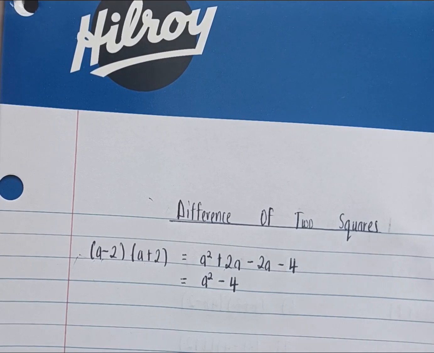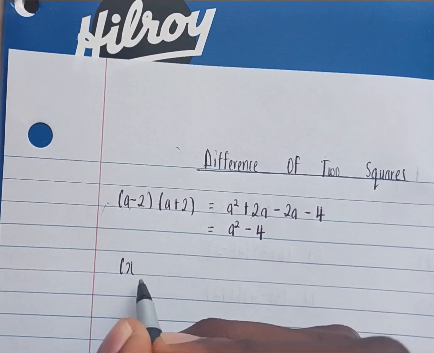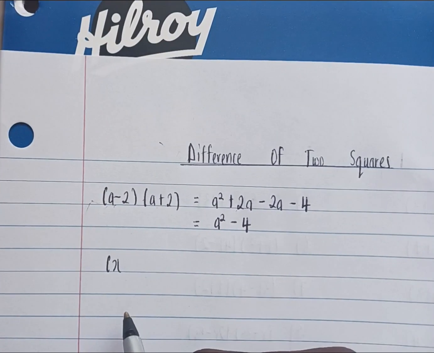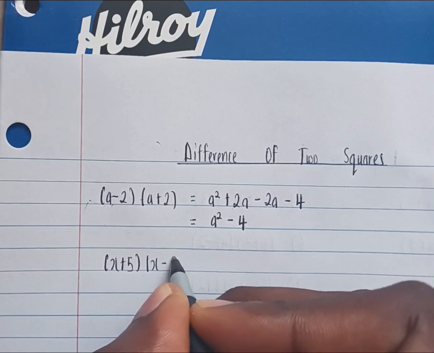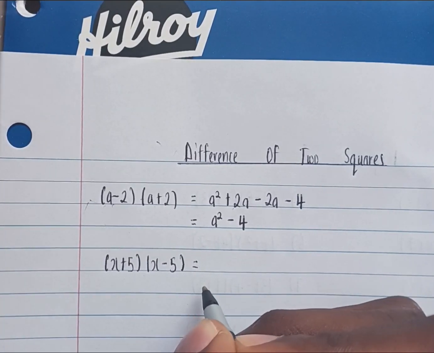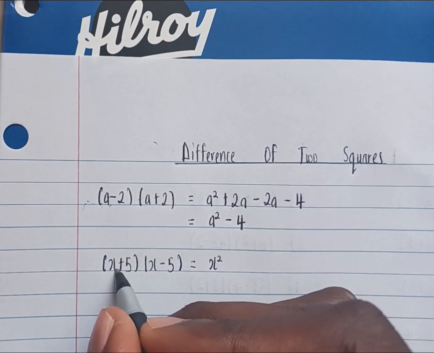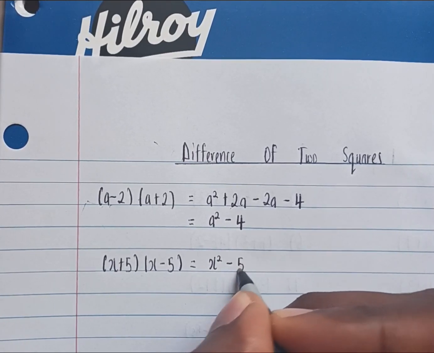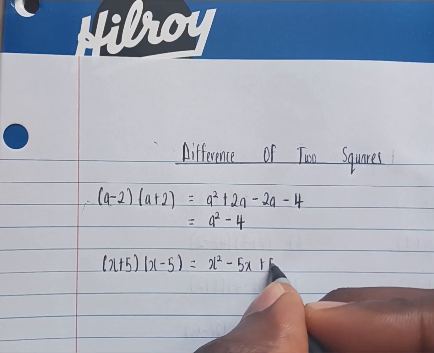And let's say we have another expression like x plus 5 and x minus 5. Here we have x times x, which gives x squared, and x times minus 5, which is minus 5x. And we have plus 5 times x, which is plus 5x.